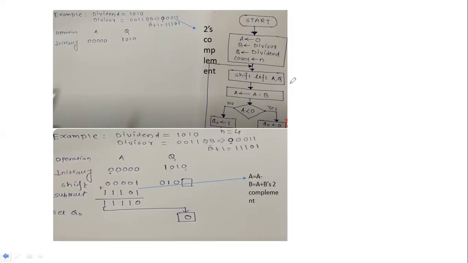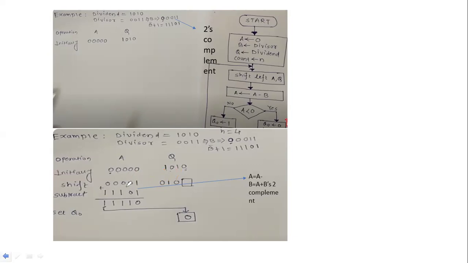In the shift left operation, we ignore the first bit. So we write the numbers here: 0, 0, 0, 0, and 1 become here, and again 0, 1, and 1. This is the shift left operation as per the flowchart.